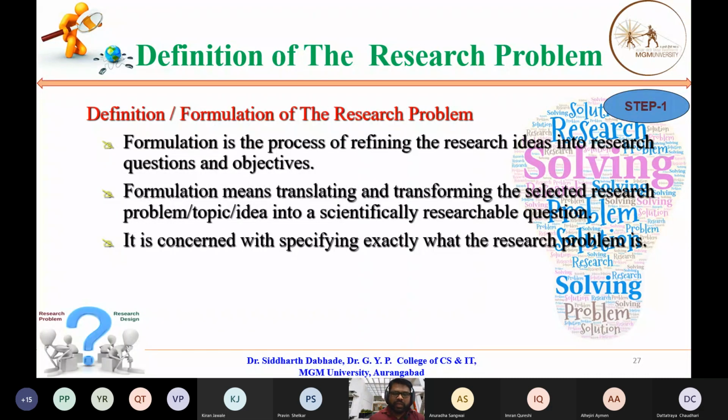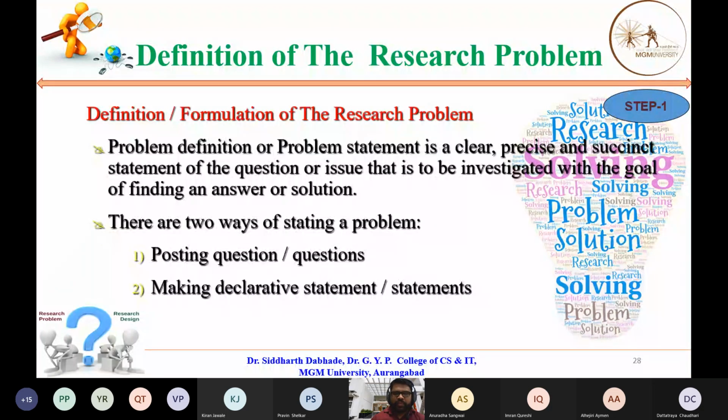Once you have selected your research domain, formulation means translating and transforming the selected research problem, topic, or idea into significantly researchable questions. There are two ways to select the questions: posing questions and making declarative statements.